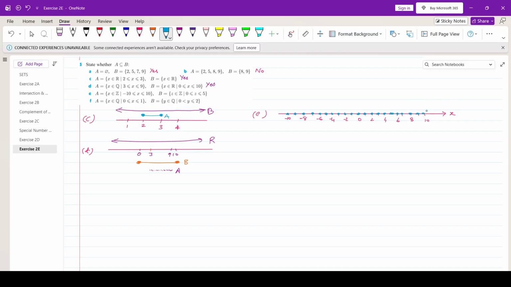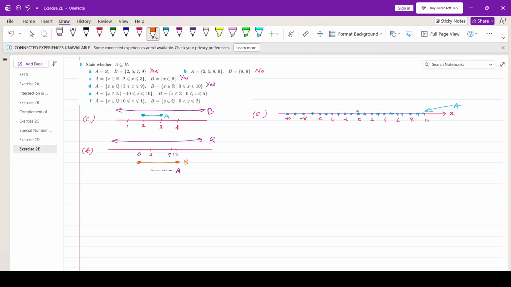So this will be set A. And set B will be a set of all integers from 0 to 5, including both of them.